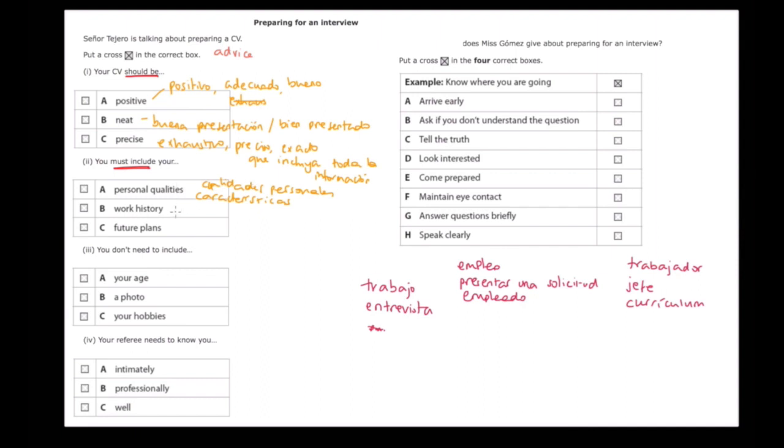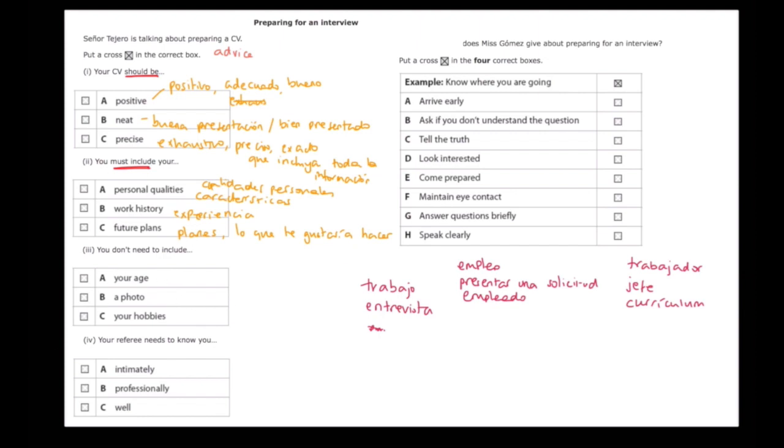Work history, we could talk about experiencia or experiencia laboral. Future plans, of course, we might hear planes or planes futuros, or something like lo que te gustaría hacer en el futuro, for example.